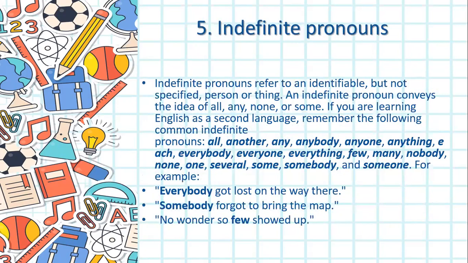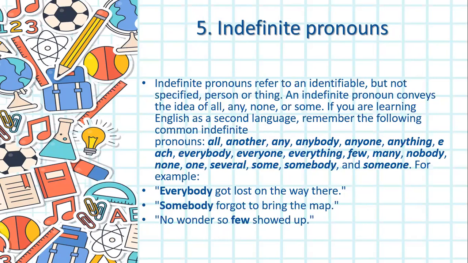So next type is indefinite pronouns. Indefinite pronouns refer to an identifiable but not specified person or thing. So this is identifiable. This means that you maybe know this person or this thing, but you don't know exactly, not specified.